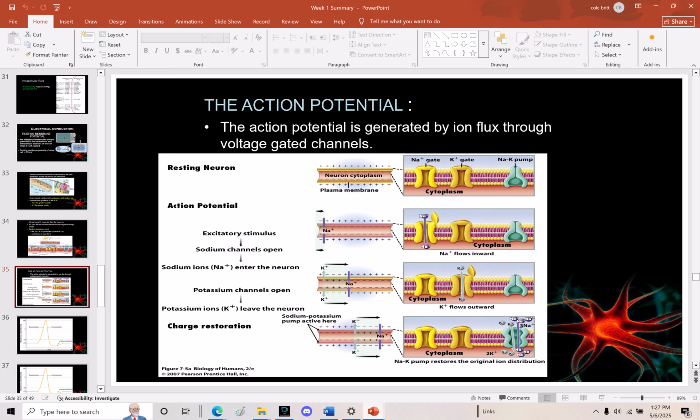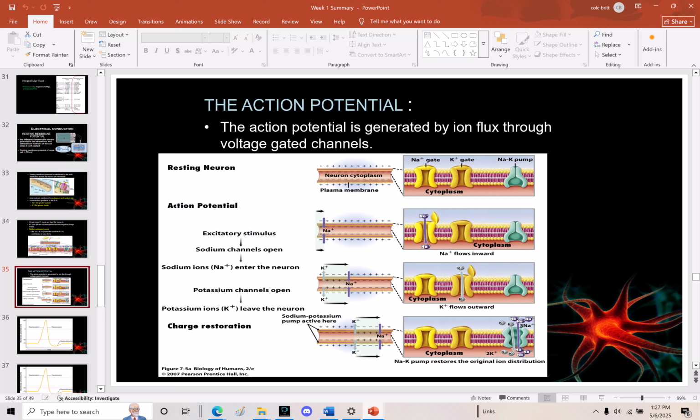Opens up sodium channels. A little bit later, the potassium channel is open. When you get down far enough, I think this is actually our pump.